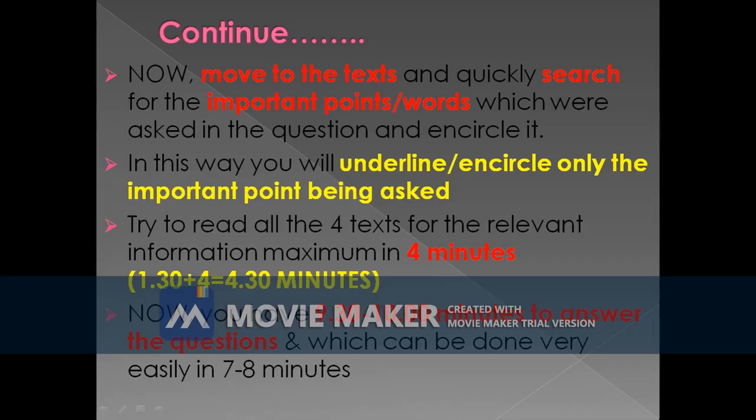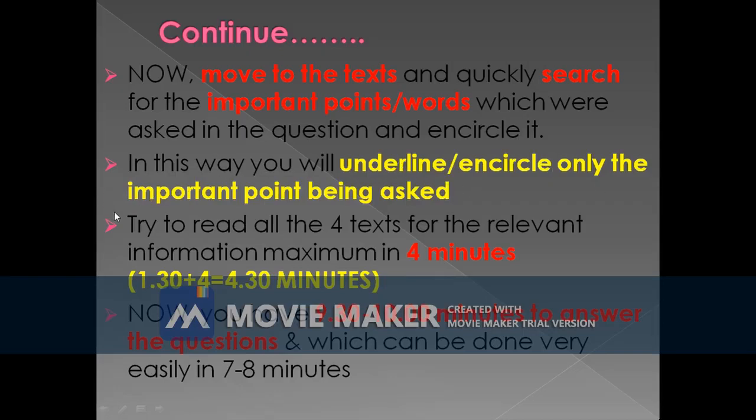In this way, you can save a lot of time. Are you getting me? After reading the important word from the question, you will search for that word or that important point in the text. You will not scan the whole text. This is very important.